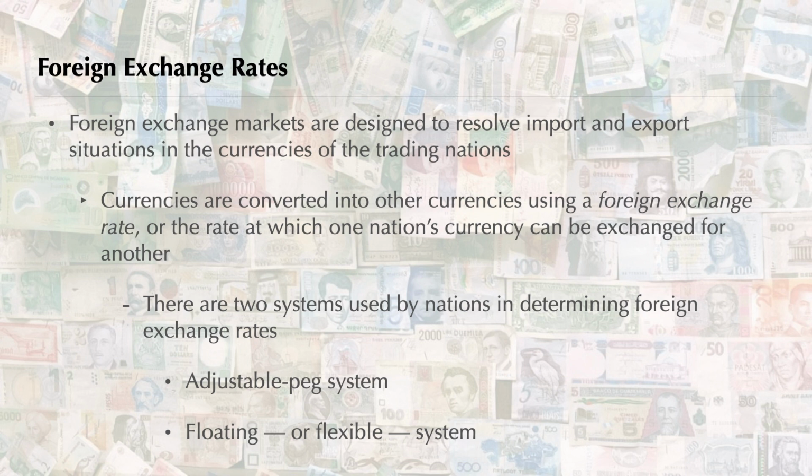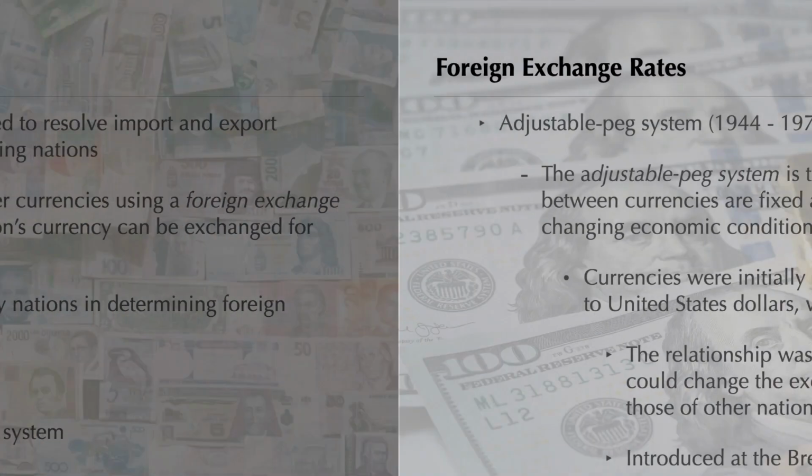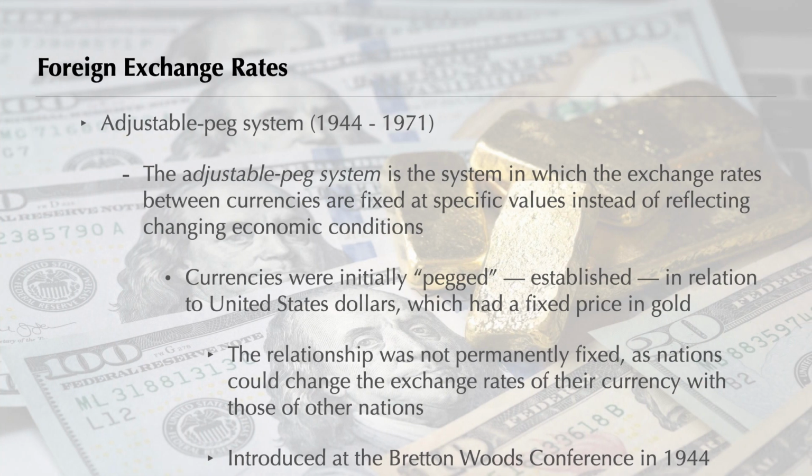Since World War II, nations have used one of two foreign exchange rate systems, the adjustable peg system and the floating or flexible system. In an adjustable peg system, the currency of one nation was initially pegged or established in relation to US dollars, which had a fixed price in gold.